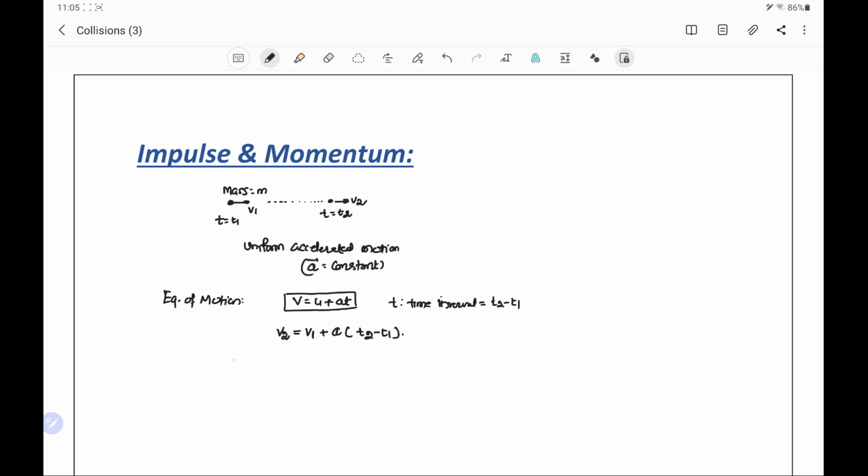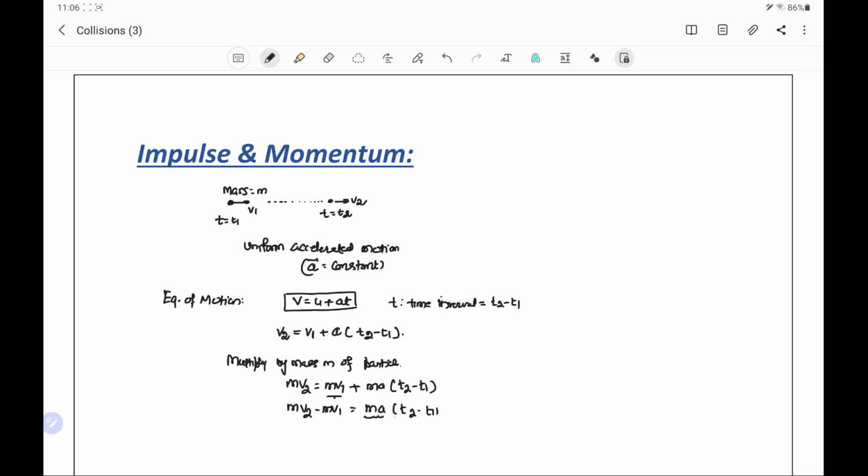We multiply this equation by the mass of the particle. On multiplying, we will get mv2 equal to mv1 plus ma(t2 minus t1). We can also write it as mv2 minus mv1, with mv1 taken to the left side, equal to ma(t2 minus t1).